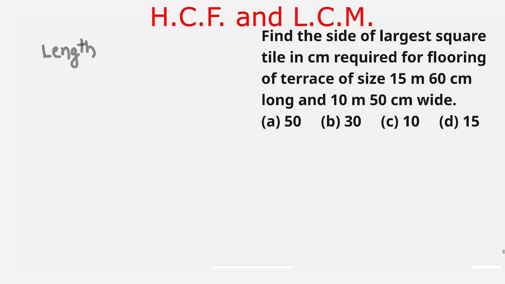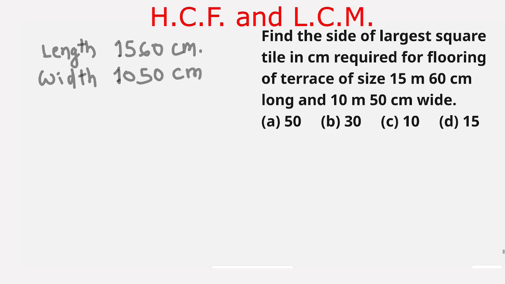Length of terrace is 15 meter 60 centimeter. It means that it is 1560 centimeter and width is 10 meter 50 centimeter, which is equal to 1050 centimeter. Now we have to find the length of the side of square tiles to be used for flooring the terrace.